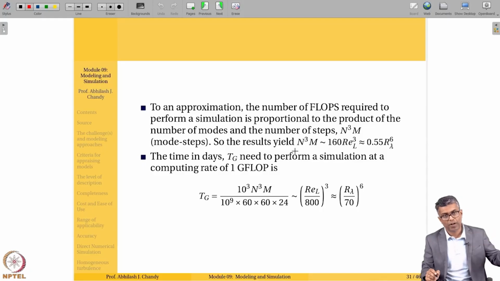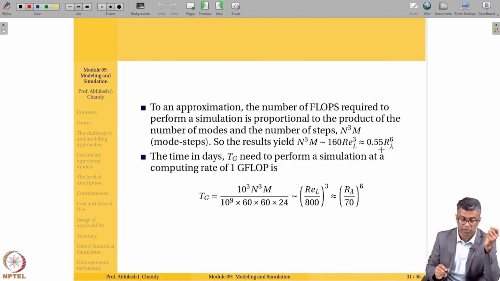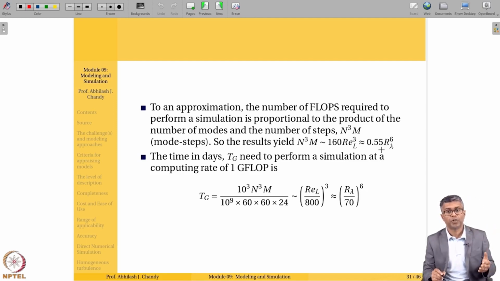And your estimate for n cube that we determined earlier, and our estimate for m that we determined just now, if you plug it in, you get 160 REL to the cube, which is 0.55 r lambda to the 6th. If you want to calculate the total time that is required on a gigaflop machine, you just need to divide this by 10 to the 9, because a gigaflop would be 10 to the 9 flops.